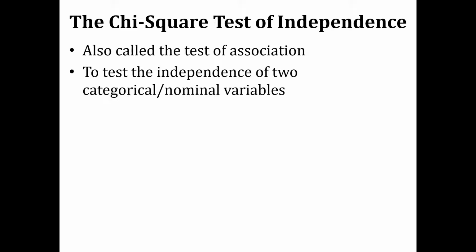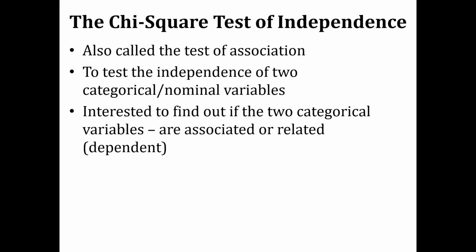But in this chi-square test of independence, we can test the independence of two categorical or nominal variables with each other. So in this case we can use two or more than two variables.